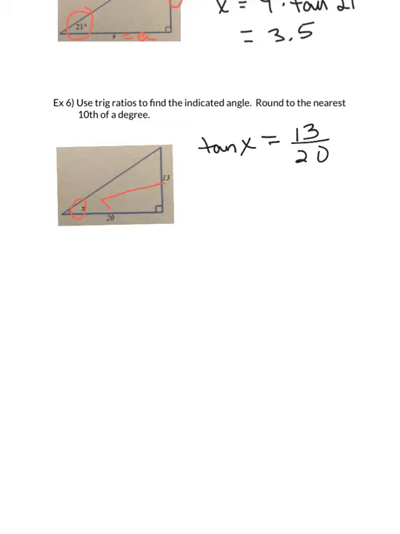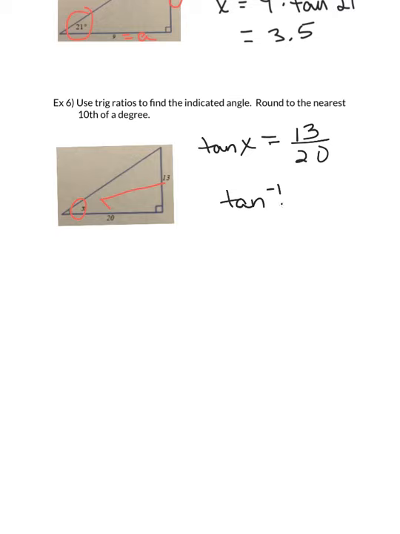So this time we have to find out what x equals. On your calculator, there is a key that has tangent with a -1 exponent. That's called the inverse tangent.